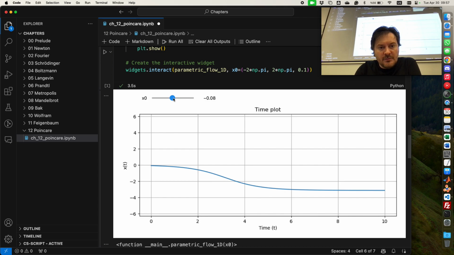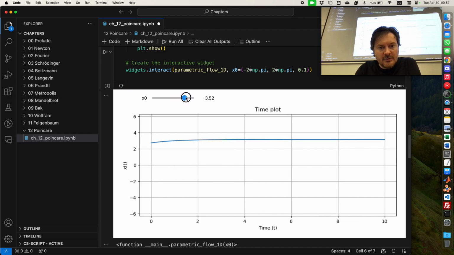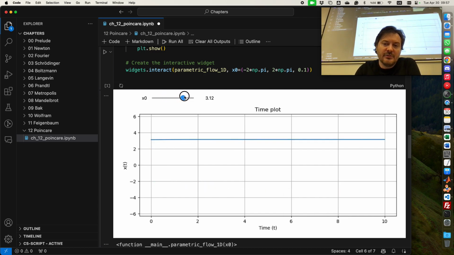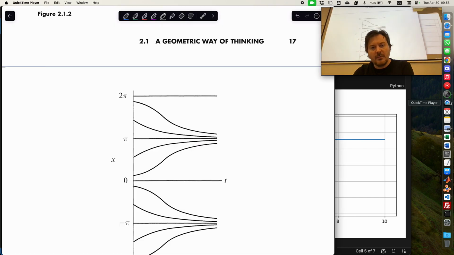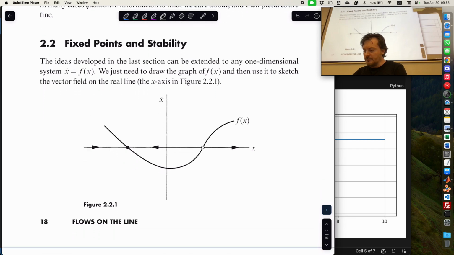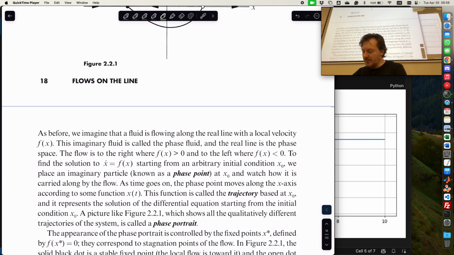Ready? So if I start from the left-hand side of 0, I go to minus pi. Right-hand side, I go to pi. Do you see? Are you happy? Good. This is exactly what we see. So fixed points and stability.